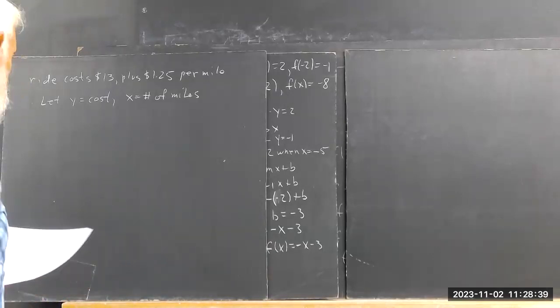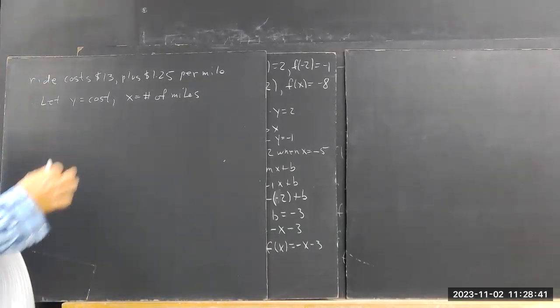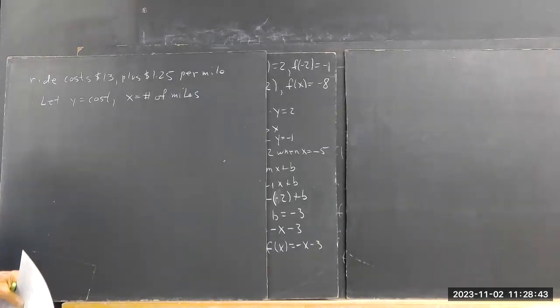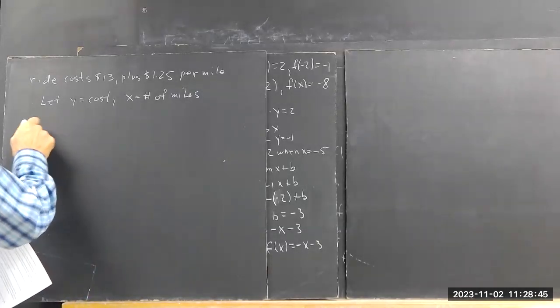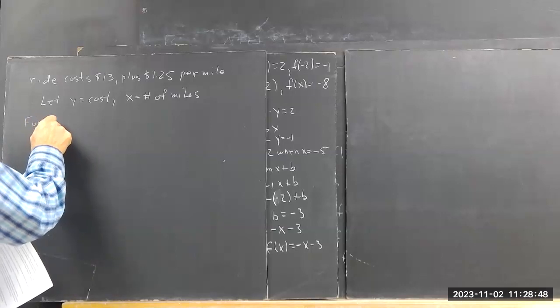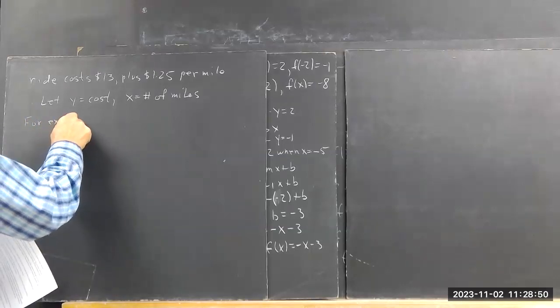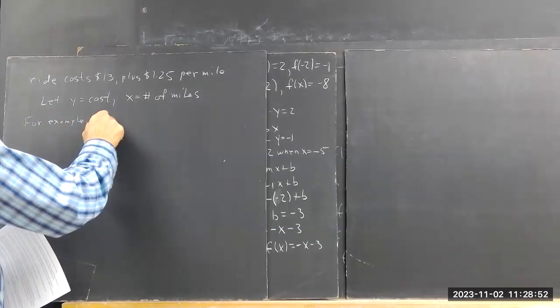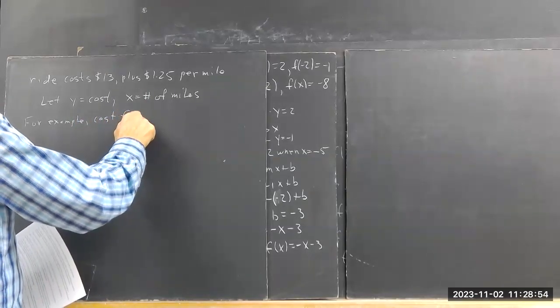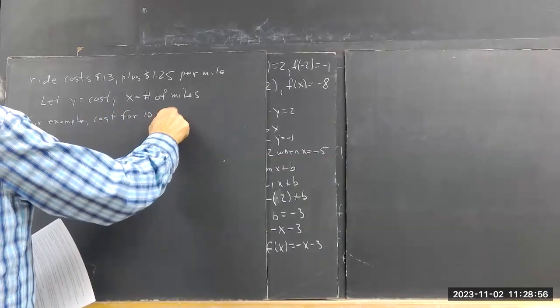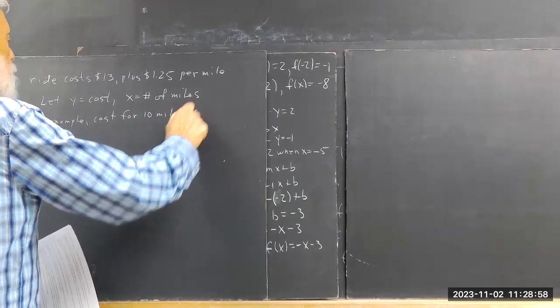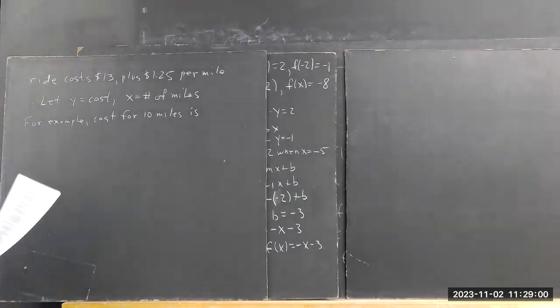Then you could ask yourself, okay, it might not be necessary to ask yourself, it might be obvious. How do you get the cost for 10 miles?